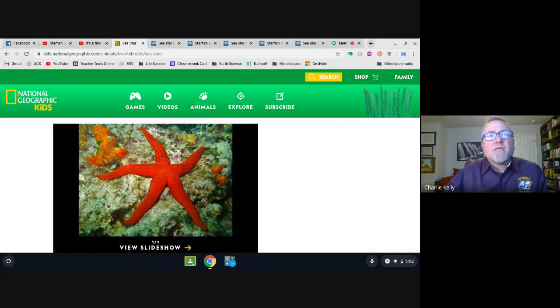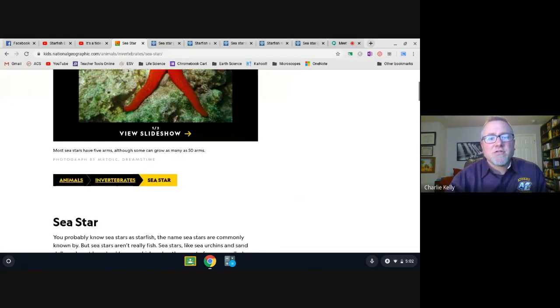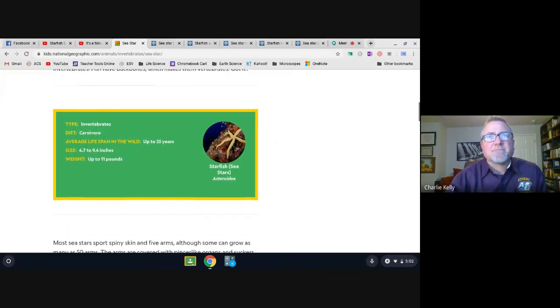The roughly 1,600 living species of sea stars occur in all oceans. The northern Pacific has the greatest variety. Most species are between 20 to 30 centimeters. If we're thinking English measurements, that's about 8 to 12 inches, and that's how far they are across.